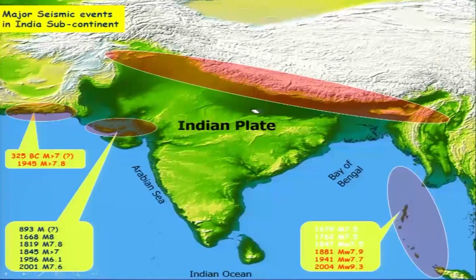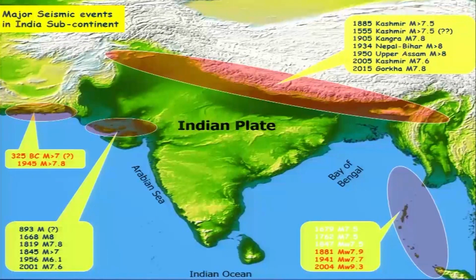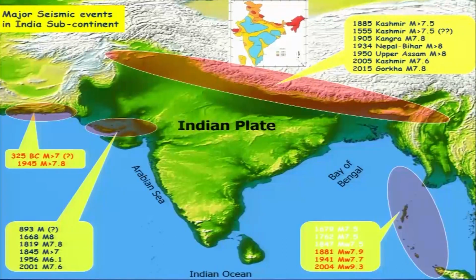So with this list, we'll see in what way this can be helpful in interpretation. Based on these earthquakes, the Himalayan zone has been categorized in seismic zone 5, which is the most vulnerable region in terms of experiencing large magnitude earthquakes.